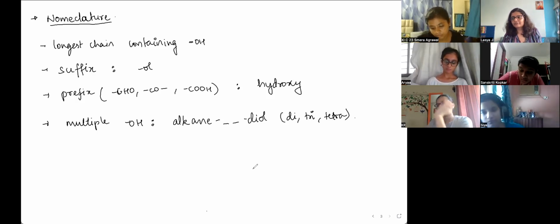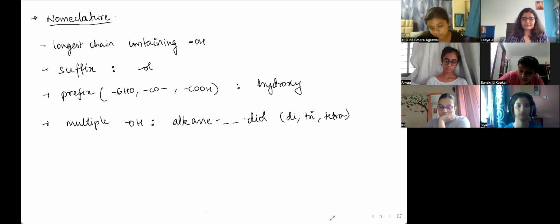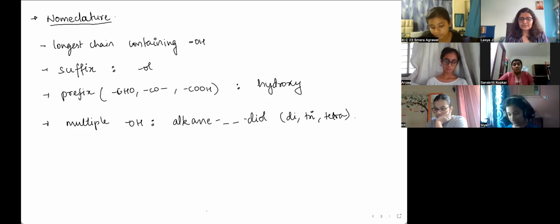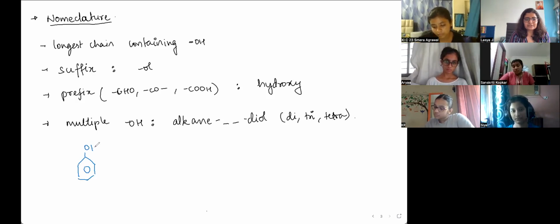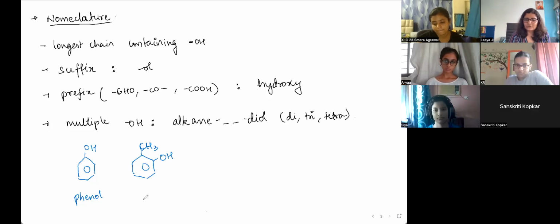Some common names of diols and triols for phenols. And this is something that you have to know, so I'll just give you the names. If you have a single OH, this is called phenol. If you have a CH3 and OH, this is called orthocresol.